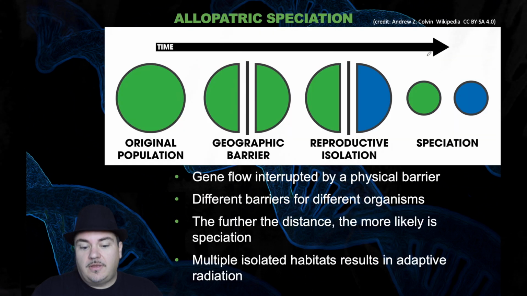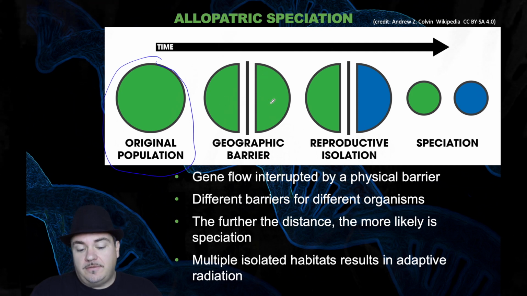Allopatric speciation is when the gene flow between what's going to become two separate populations is interrupted by a physical barrier. So you have some original population of organisms, and then there's some geographic barrier isolating them.